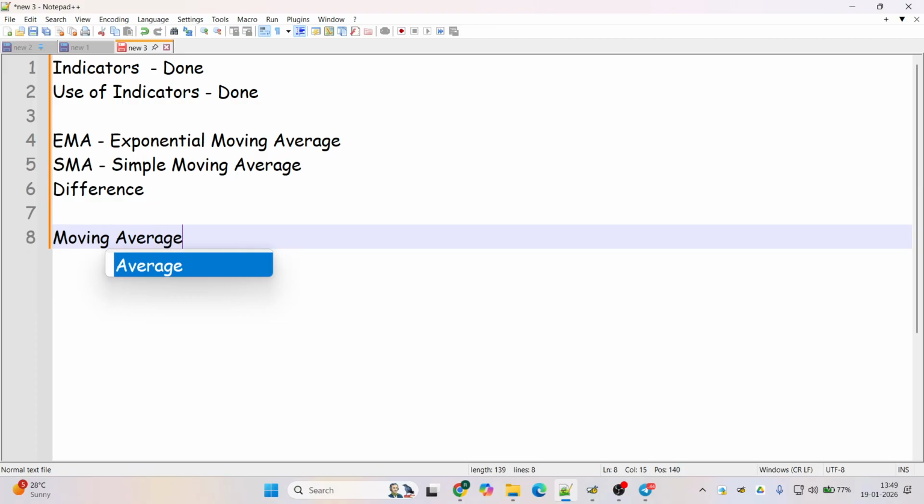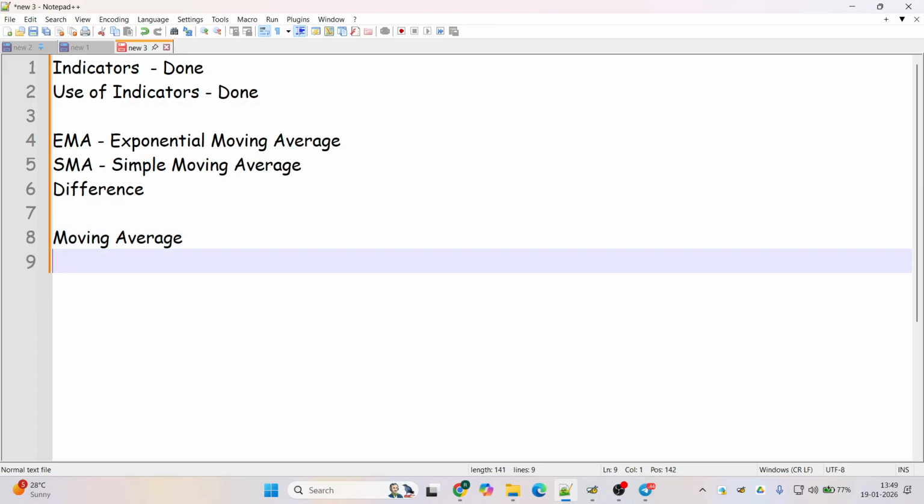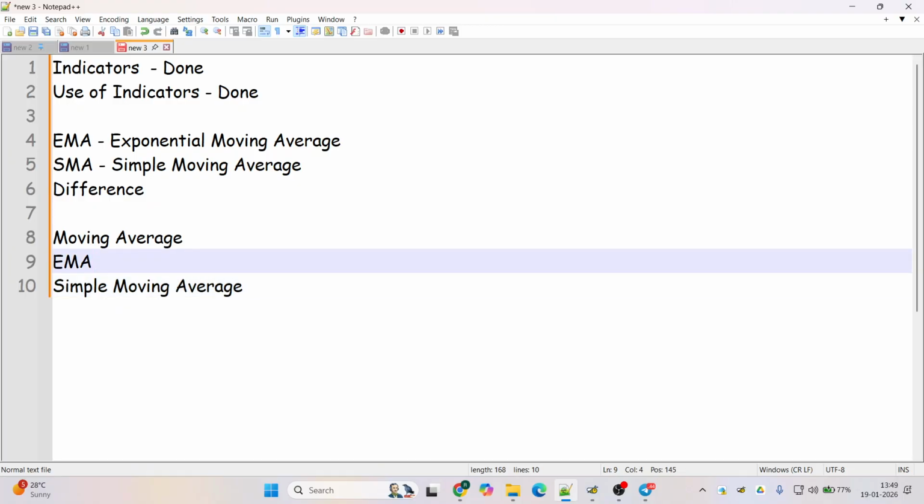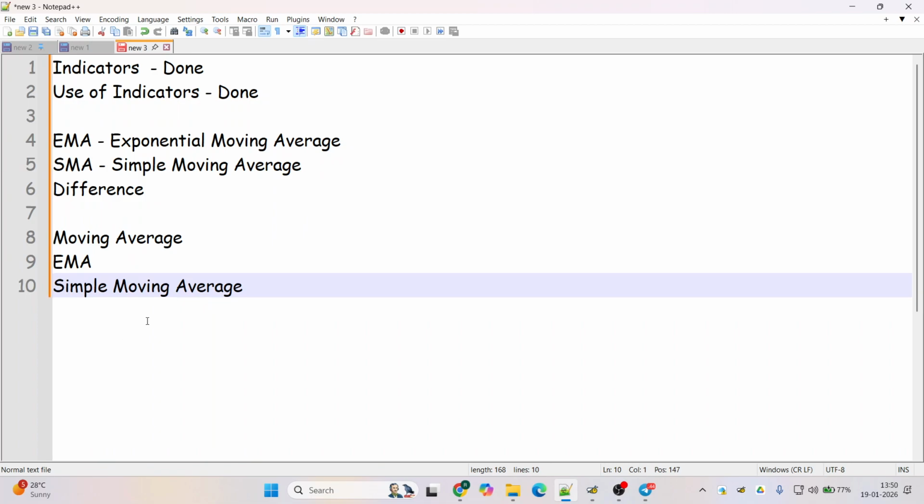The first type is the exponential moving average, and the second is the simple moving average. Exponential moving average is EMA, simple moving average is shortly called SMA.